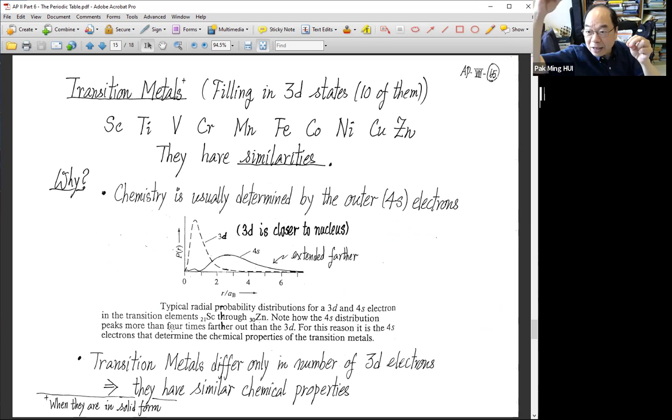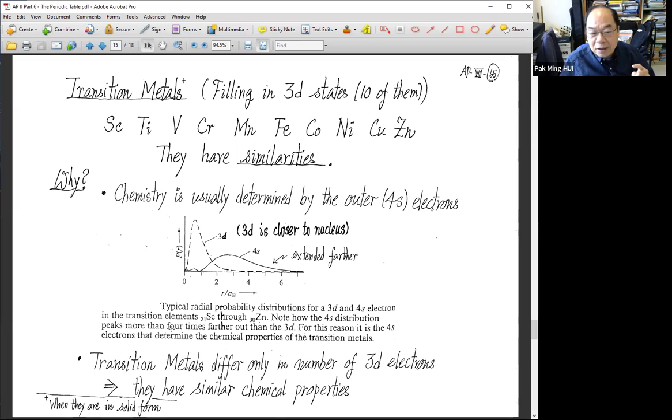So we are adding electrons into a state that lives closer to the nucleus, leaving the 4s electron untouched. But the farthest away, the 4s electrons are responsible for sensing whether there are other electrons in the neighborhood to do wave function overlap. When you have wave function overlap with the other atom, there will be bonds forming, chemical bonds. That is the part in molecular physics that we will be discussing.